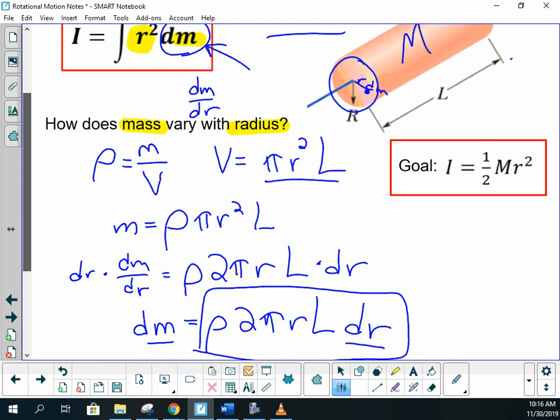So we'll have an integral with respect to r, and we can actually figure out what that is. All right, so we are now going to substitute that back in. So we're going to substitute in rho 2 pi little r times big L dr for the dm, right? We're just going to substitute that in. So go ahead and do that, rewrite that, and I'll meet you back in just a moment.